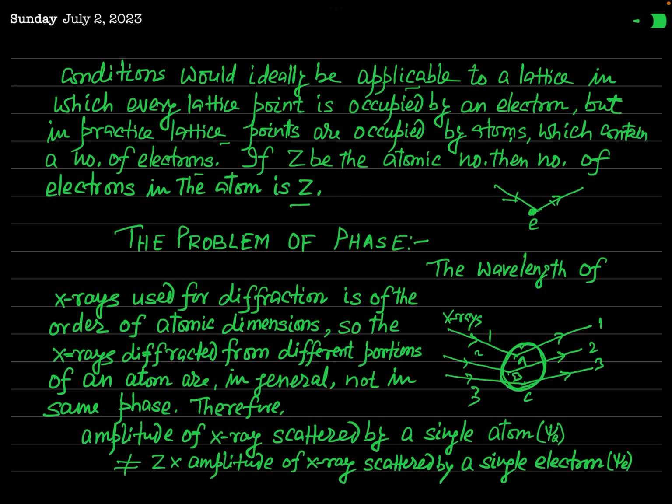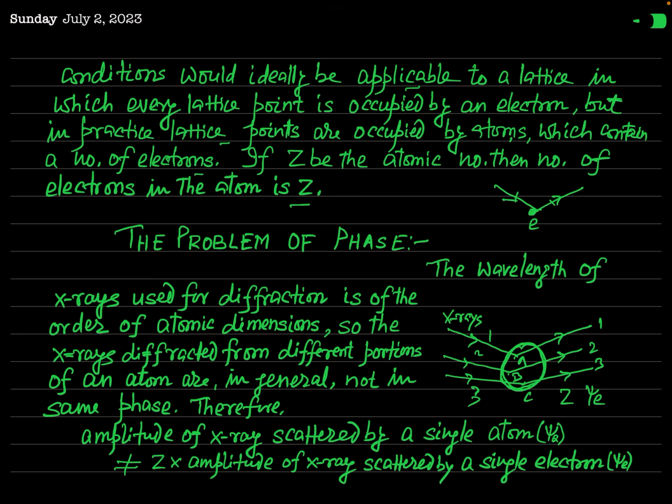Now, consider that the amplitude of the X-ray scattered by a single electron is equal to psi e, and in an atom there are Z electrons.